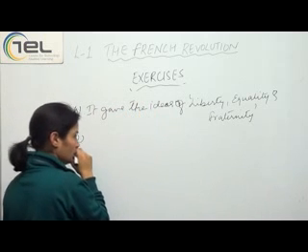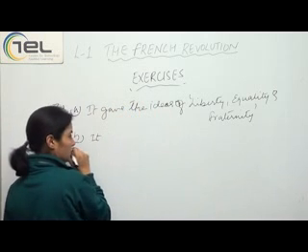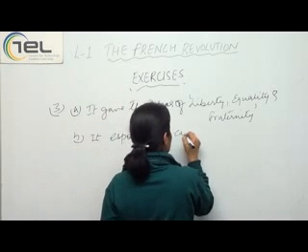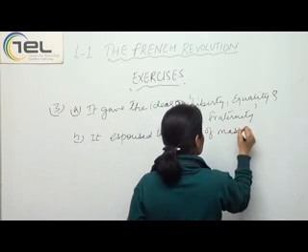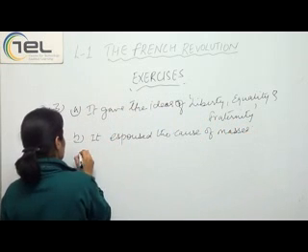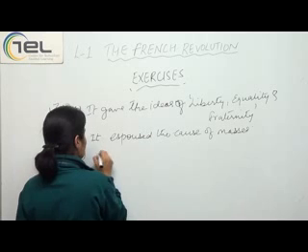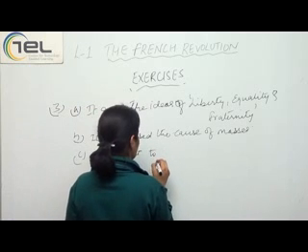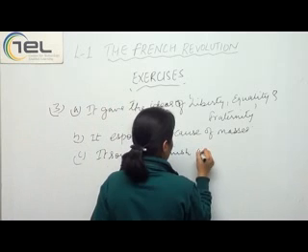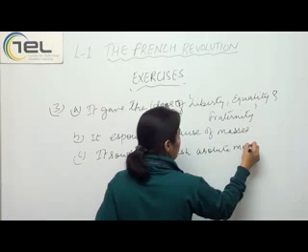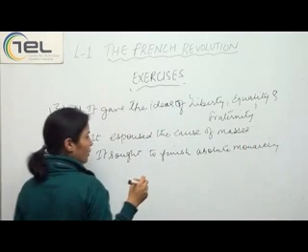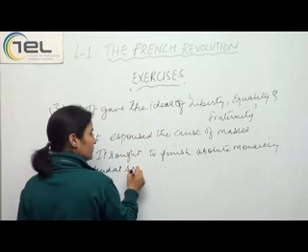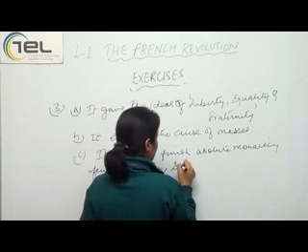Then second, it espoused the cause of the masses, whatever they wanted, the revolution. Third, it sought to finish absolute monarchy, that is the divine rights of the king, and feudal system and slavery.